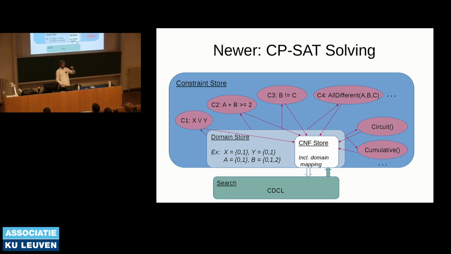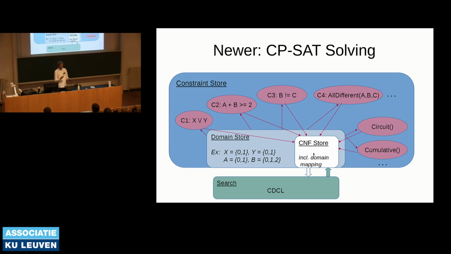And so what it will do is, instead of eliminating the 0, it will construct a clause that says exactly why 0 is not possible. Namely, if A is smaller than 1 and B is whatever, then B cannot have value 0. So it will not do the propagation directly on the domain store, but it will add a clause representing that elimination to the store. And the nice thing is that now we can also do clause learning at this level.